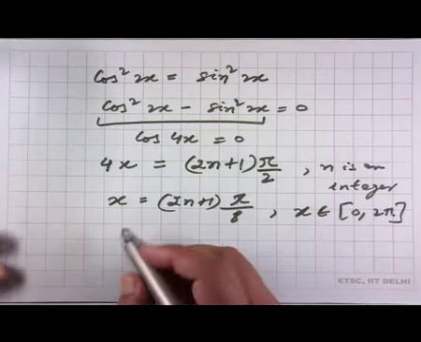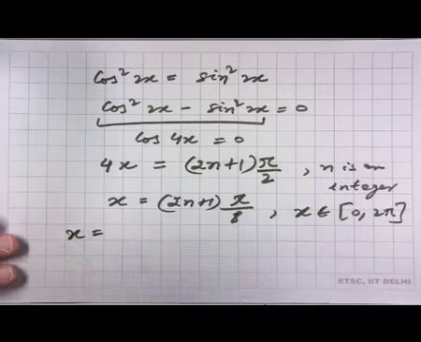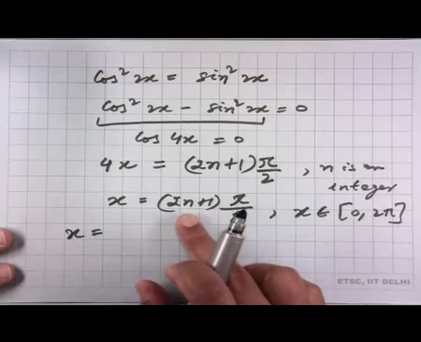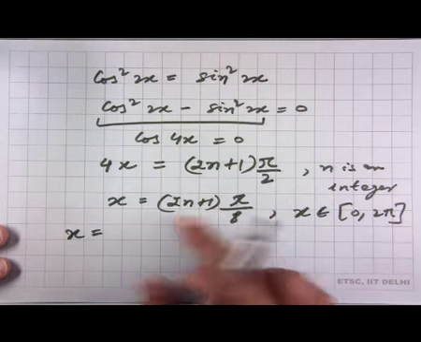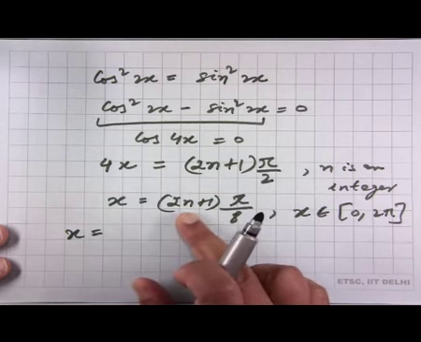So, obviously, those solutions are x equal to, so we cannot take n equal to minus 1, because then x becomes negative. So, we have to start with n equal to 0.